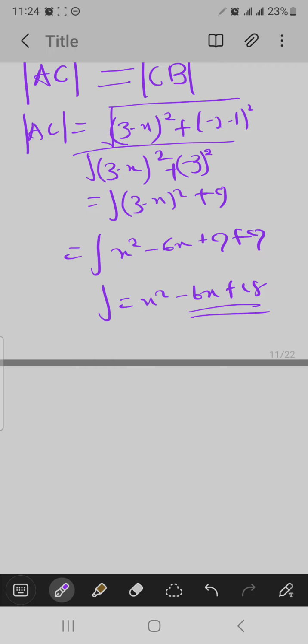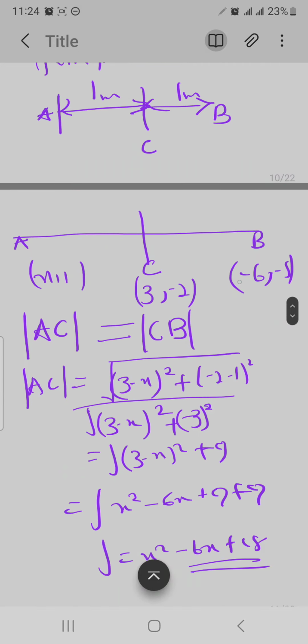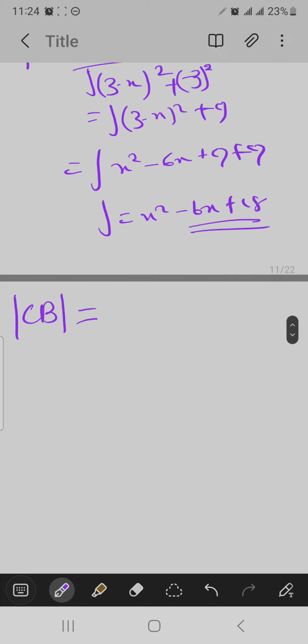So the second one, CB, will be equal to what? If I want to pick this minus this, or any, I can pick 3 minus minus 6. It will not be 3 plus 6 plus this. And I hope you understand how I'm going to pick. So don't ask me that question. So this one will now be 3 minus minus 6. 3 plus 6 will be 9.